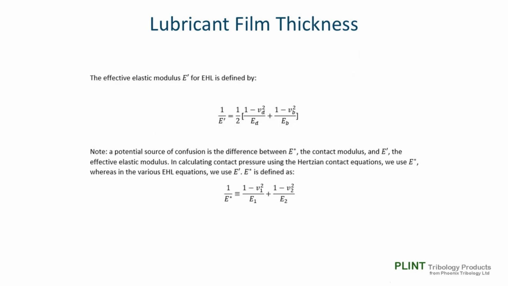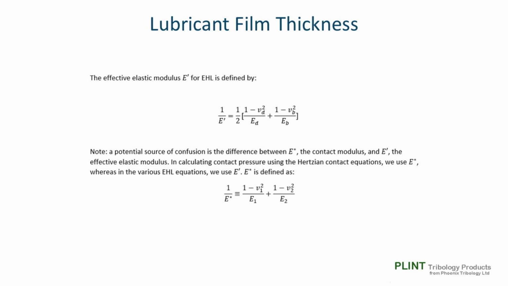When it comes to determining the effective elastic modulus, E prime, for an EHD contact, there is one significant potential cause of confusion, and that is the difference between E star, the contact modulus, and E prime, the effective elastic modulus.